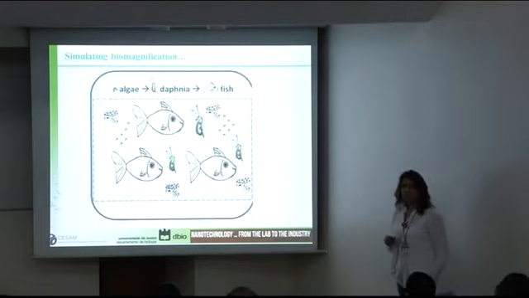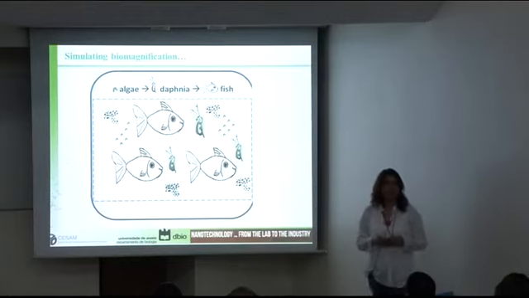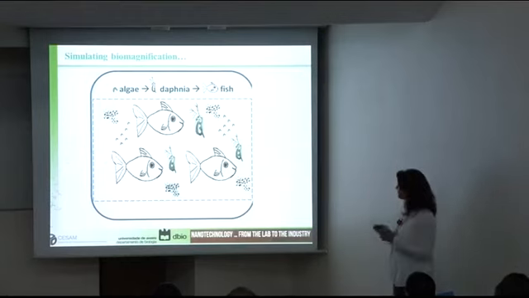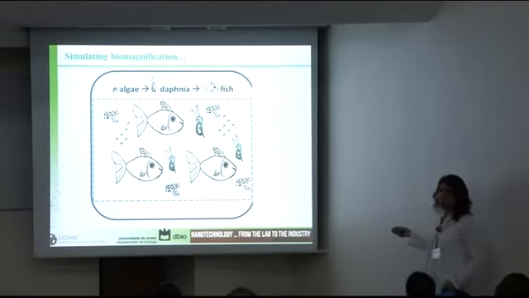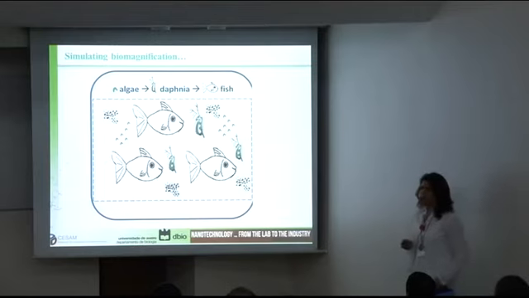So what we did is that we simulated a trophic chain from microalgae to a small crustacean that is called Daphnia to fish. So these algae are usually used to feed Daphnias, and the Daphnia are used to feed fish.